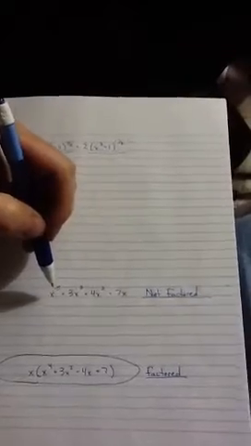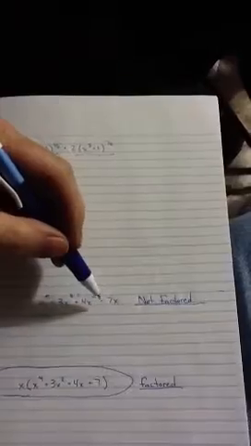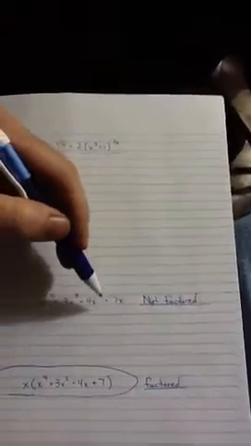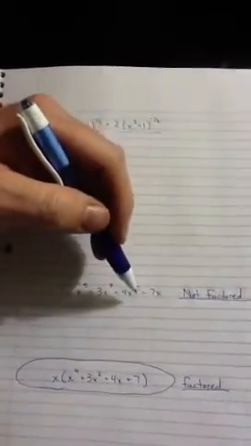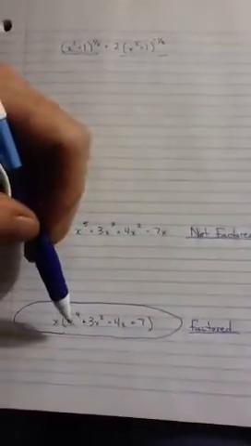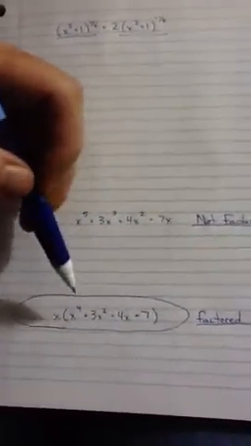So here everything has an x in common, so x to the first power. So you'd factor out an x, and you'd get this right here for an answer.